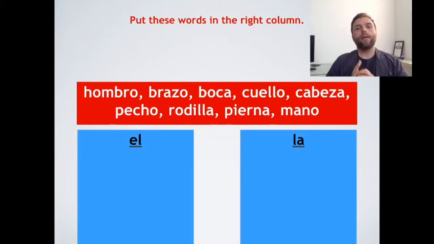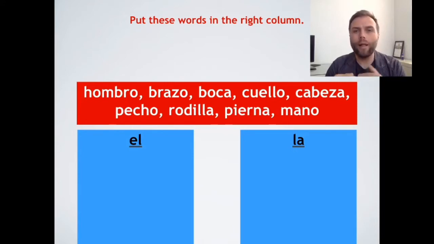Okay, now doing this is kind of like activating the memory, and it's also helping students to notice and to find why some words go to el and some words go to la. Now you may have noticed a rule here, and often in the classroom students do, through this process, start to notice a rule.